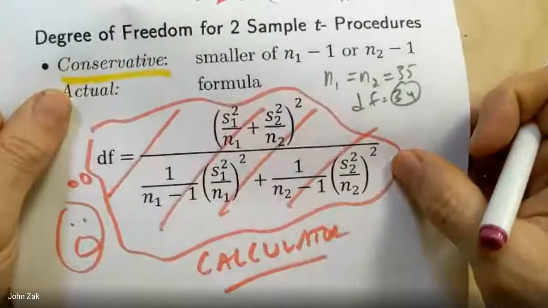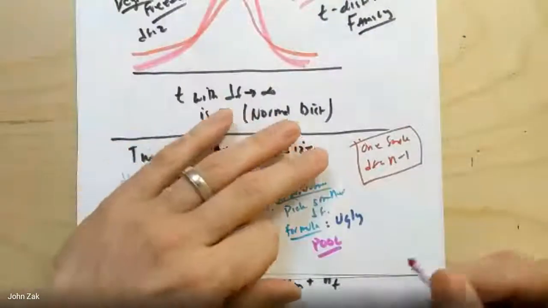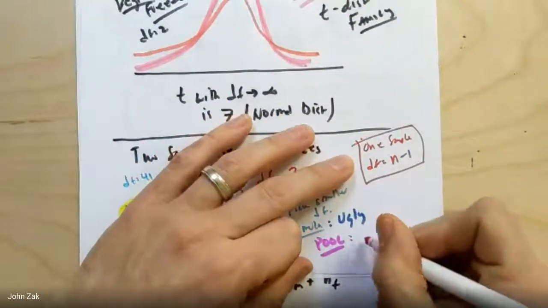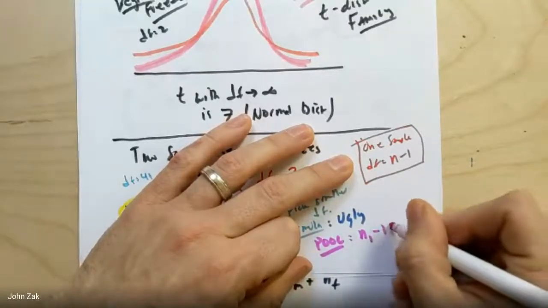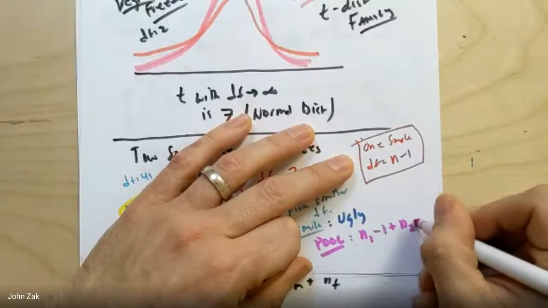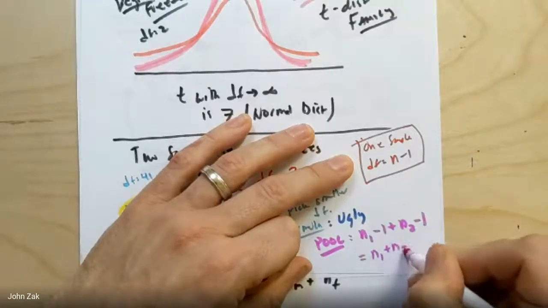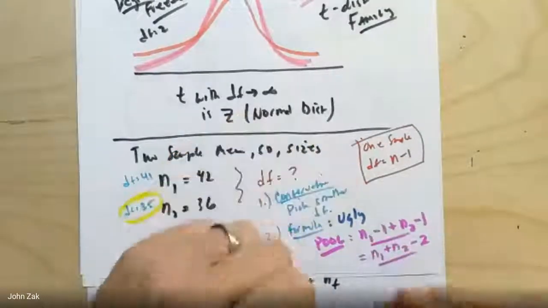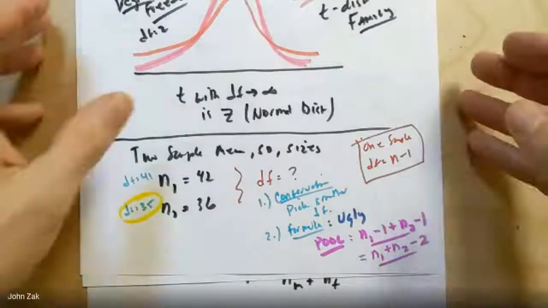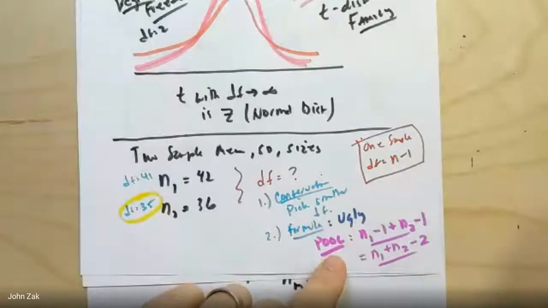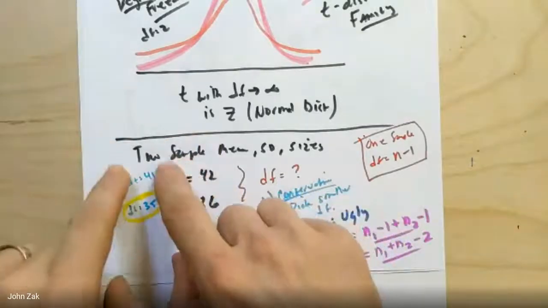If you pool, it simplifies to N1 minus 1 plus N2 minus 1. In other words, N1 plus N2 minus 2, right? So if you were to pool, that crazy formula gets ridiculously simple. You would just basically add the two separate degrees of freedom.